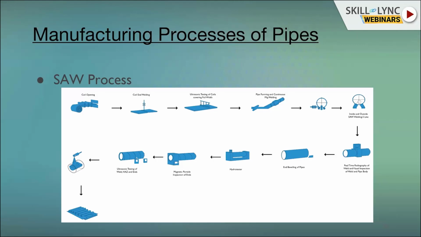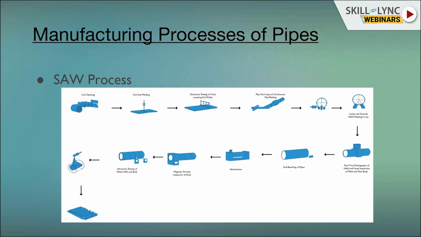For example, if you have started one coil, and it is finished, and another coil is loaded into the mill, the machine used for pipe manufacturing is known as a mill. Okay, pipe mill. The second part, which is for joining the two coils, is known as coil end welding.